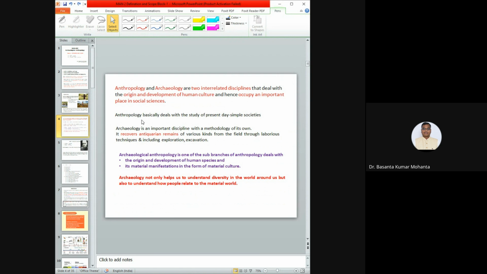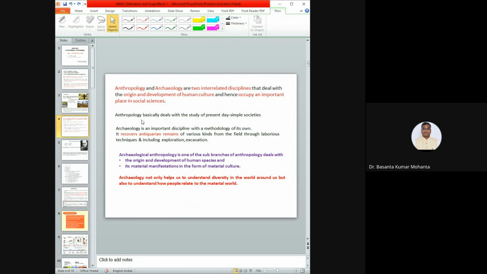So from that point of view, archaeology is an important discipline, an important area with a methodology of its own. Even if it is part of social sciences, it has its own methodologies.